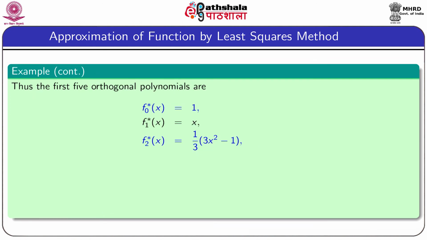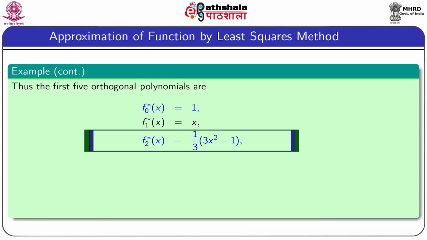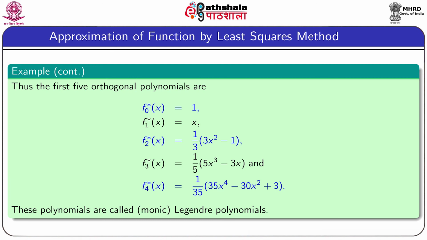Finally, we can say that the first 5 orthogonal polynomials are f0 star x equal to 1, f1 star x equal to x, f2 star x equal to 1/3 into 3x square minus 1, f3 star x equal to 1 by 5 into 5x cube minus 3x, and lastly f4 star x equal to 1 by 35 into 35x to the power 4 minus 30x square plus 3.